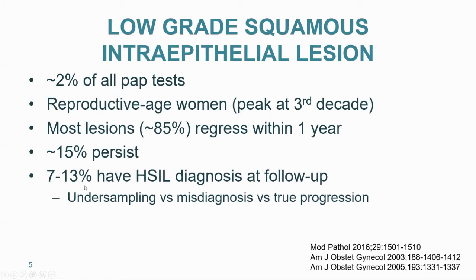And according to the literature, between 7 and 13% will have a diagnosis of HSIL, or will quote unquote progress to HSIL at the time of follow-up. Now, it is up for debate whether that represents true progression or undersampling of a high-grade area at the time of cytology or colposcopic biopsy sampling, or a misdiagnosis, which could happen.